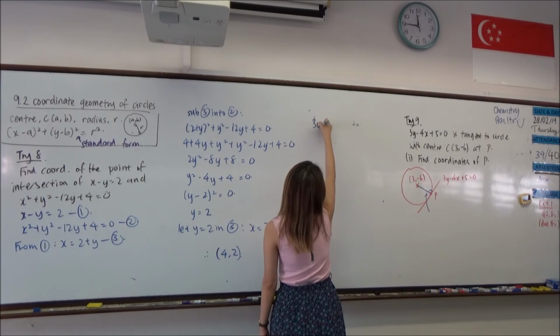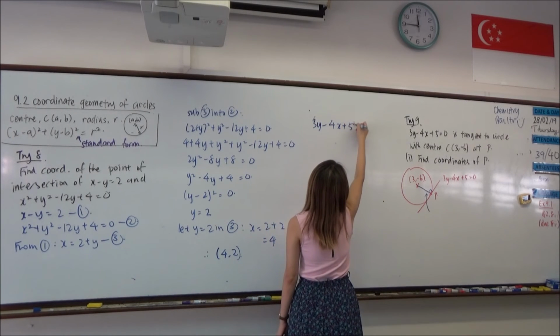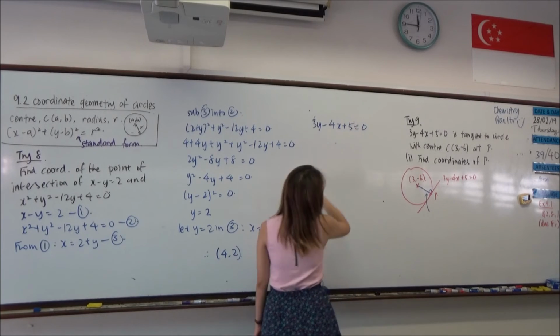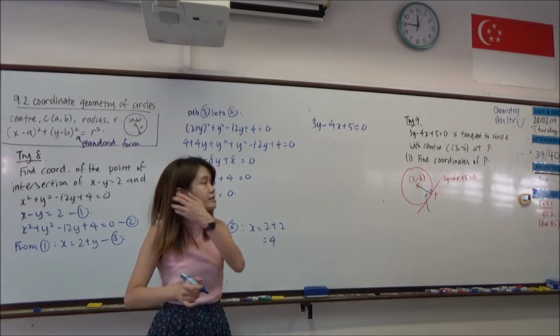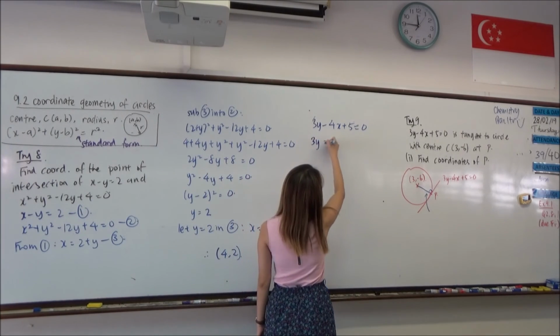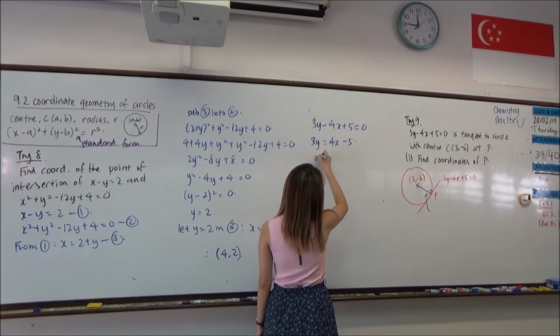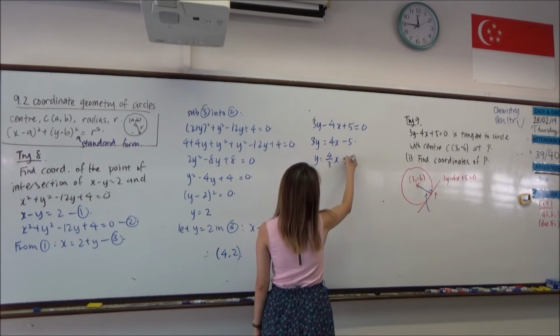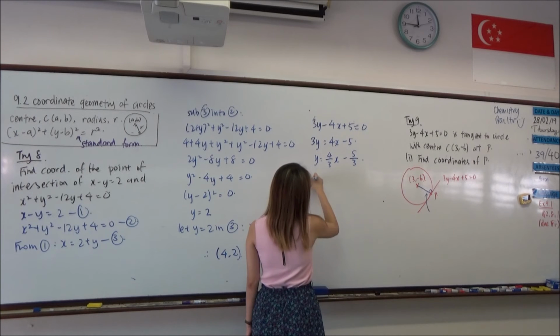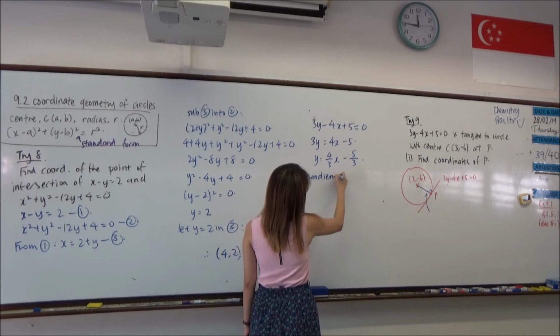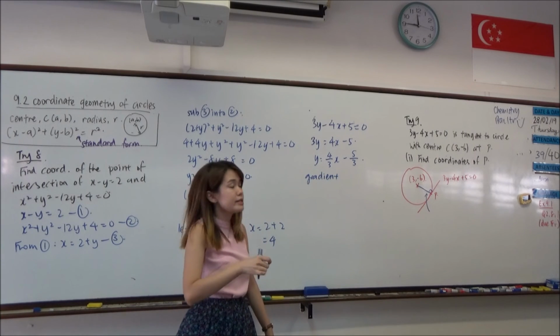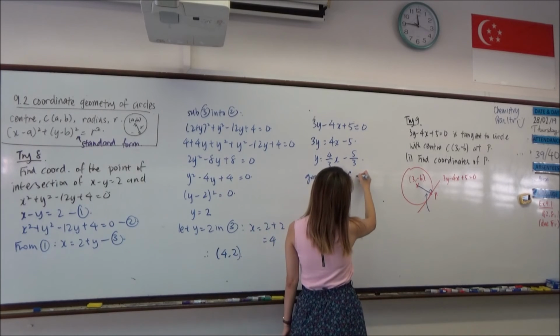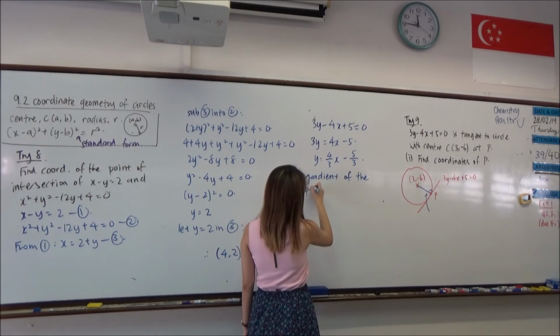So with the tangent line, we will first be able to find out what is the gradient. So the gradient of the tangent is 4/3. That makes the gradient of the perpendicular line.